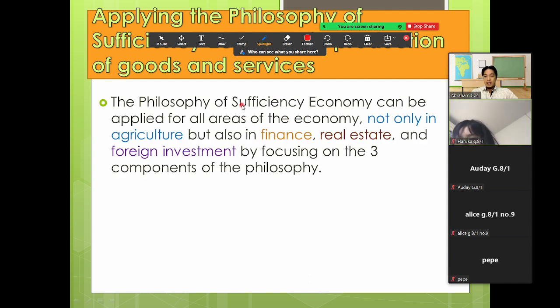The philosophy can be applied to all areas of the economy, not only in agriculture, but also in finance, real estate, and foreign investment, by focusing on the three components of the philosophy. What are the three components?